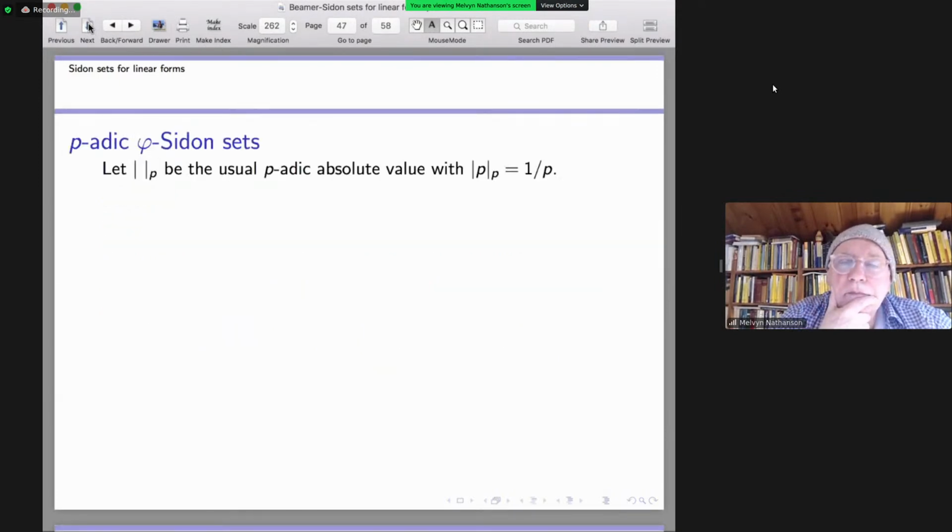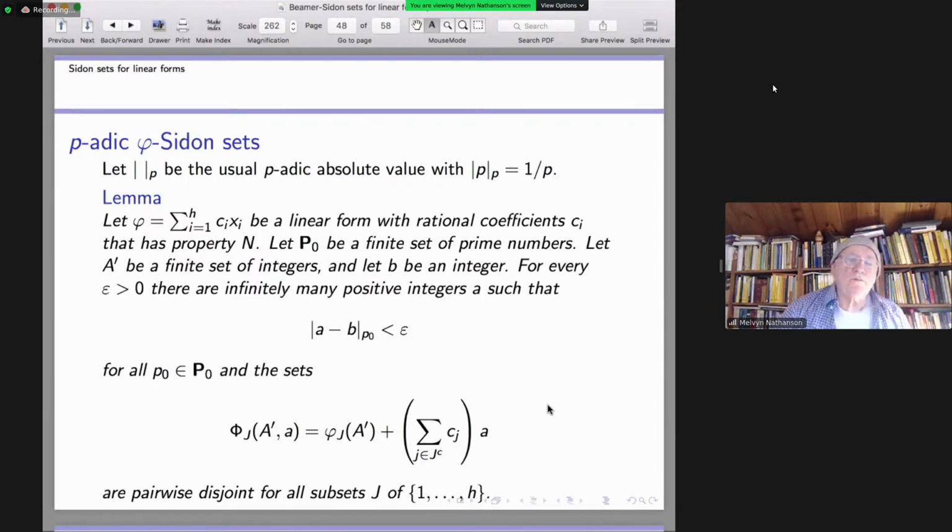Now, the absolute values we love, besides the usual absolute value, are the p-adic absolute values. So let this be the usual p-adic absolute value normalized so that the p-adic value of p is 1 over p. So we have the following statement. I'm going to be looking at rational numbers and integers. So phi is a linear form with rational coefficients that has this property n. That means that with respect to this form, there do exist infinite Sidon sets.